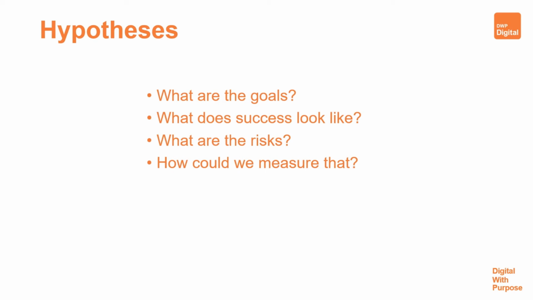For example, if we think about a change in an iteration of collecting people's personal details, we might want to increase the completion rate by 10 percentage points, because that might save us 2 hours per day per processor, because we might have to call people back if they don't fill in their personal details completely.